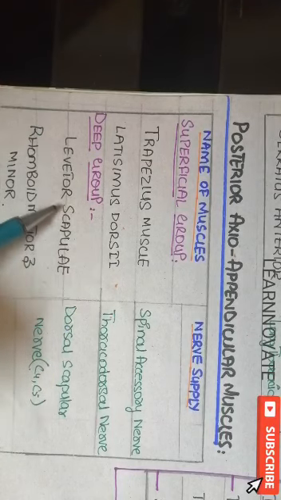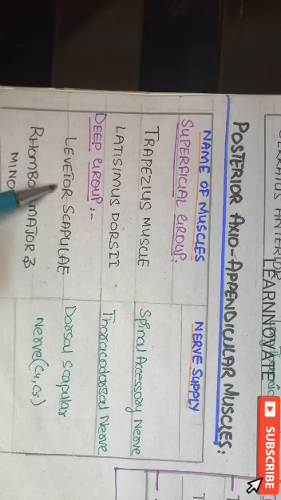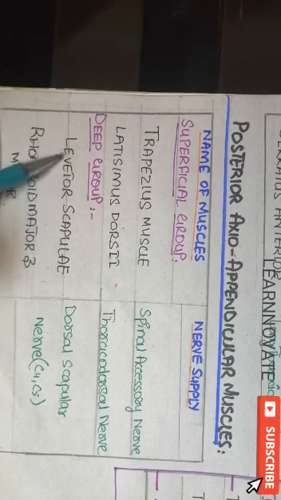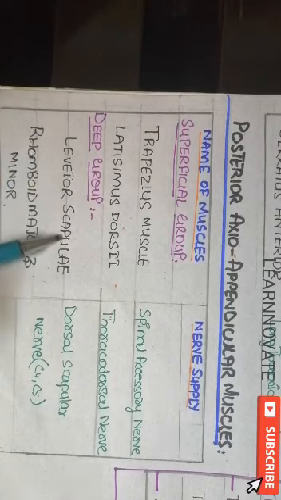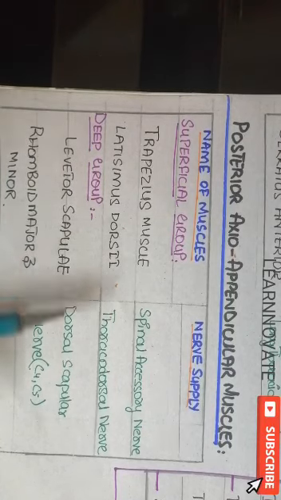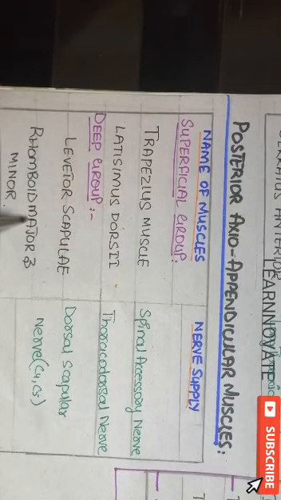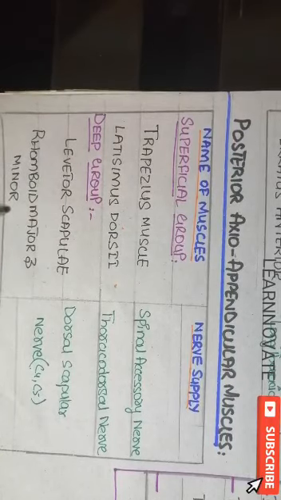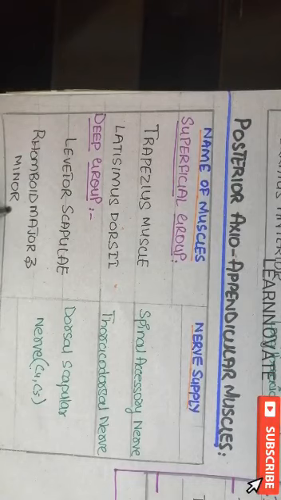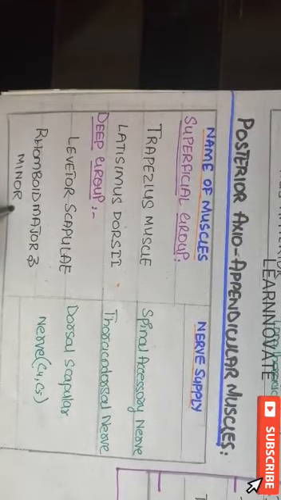Now the deep group of the posterior axio-appendicular muscles includes the levator scapulae. Levator means the elevator of the scapula. This levator scapulae is supplied by the dorsal scapular nerve. The rhomboid major and the rhomboid minor are also attached on the medial side of the scapula.